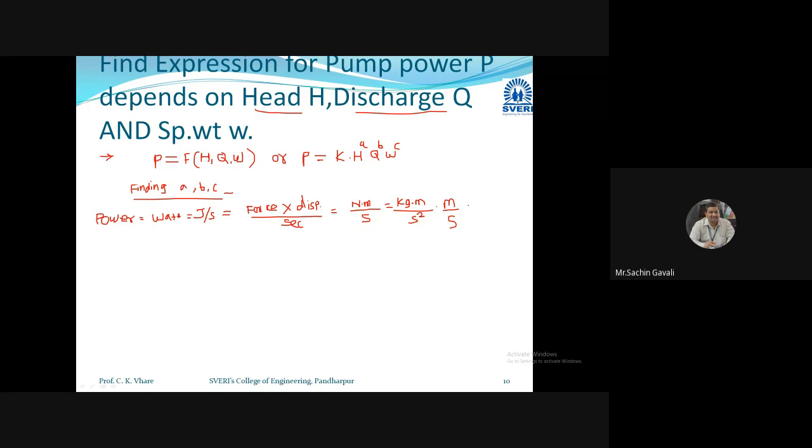Right? Is equal to kg meter square divided by second cube. Correct?